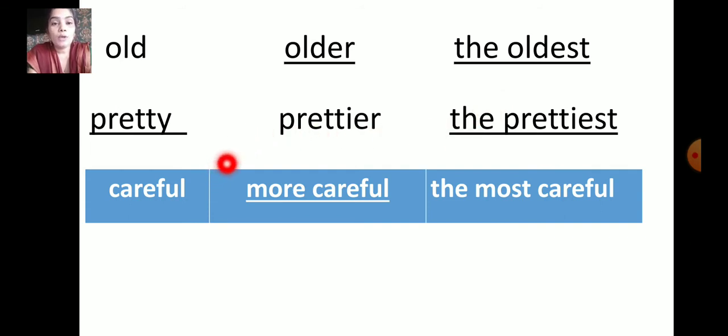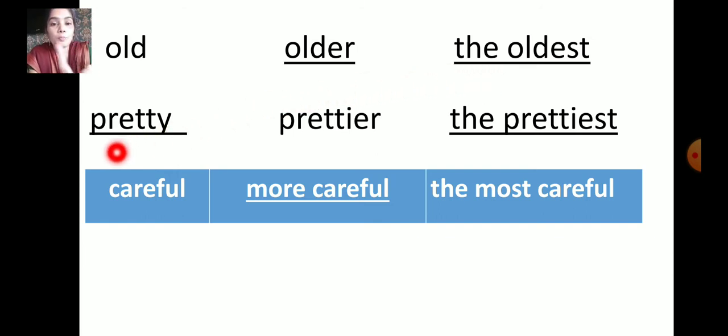So you have to write the missing words. So if your question is old, dash and dash. So older, the oldest. So comparative degree means comparing to one other person. And the superlative degree is comparing to the whole group.